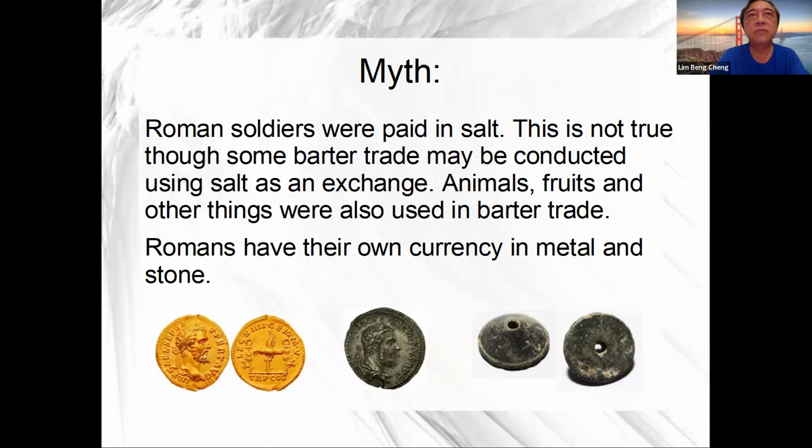But anyway, you will notice that Romans have their own currency, even the very old, ancient one, like in stone. So they polish a stone like this type of stone. To make this stone, they also need effort. Of course, you see the stone like that, you also can make your own.